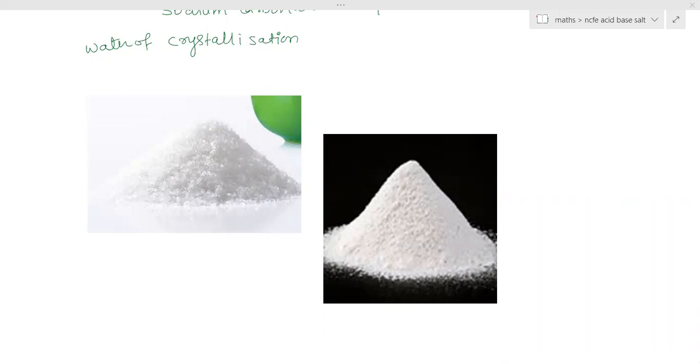Normal copper sulfate is a white powder, and when it is present in the crystal form, it is blue colored crystals. All these are due to the presence of water of crystallization. Only with the presence of water of crystallization does the substance become crystals.